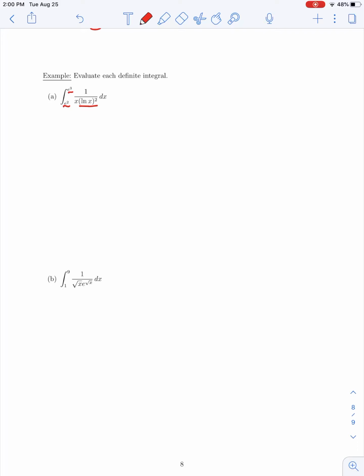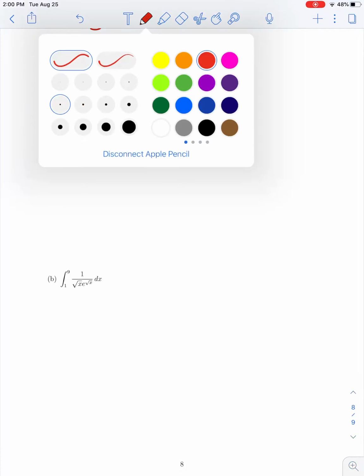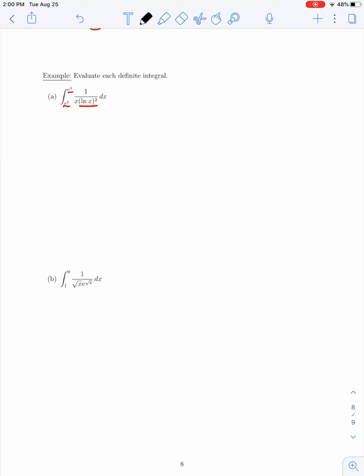So we see here that our denominator involves a composite function, the natural log of x quantity squared. And that should immediately make us think of trying a substitution where u I'm going to choose as the inner function in that composition.